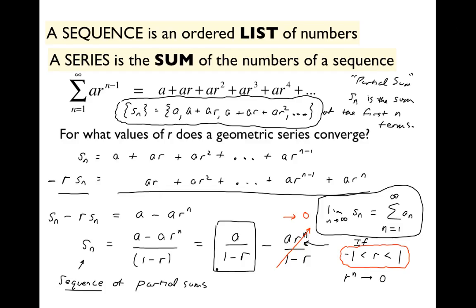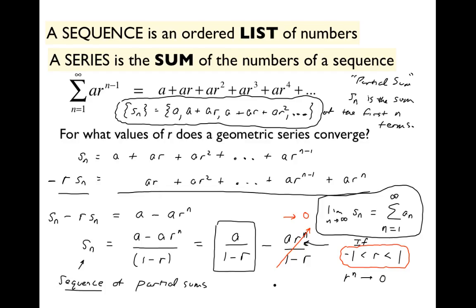Okay? So when does the geometric series converge? It's the same as when the sequence converges, when R is between negative 1 and 1. And what does it sum up to? A over 1 minus R. So not only did we find out for what value of R the series converges, but we also find out what it converges to.